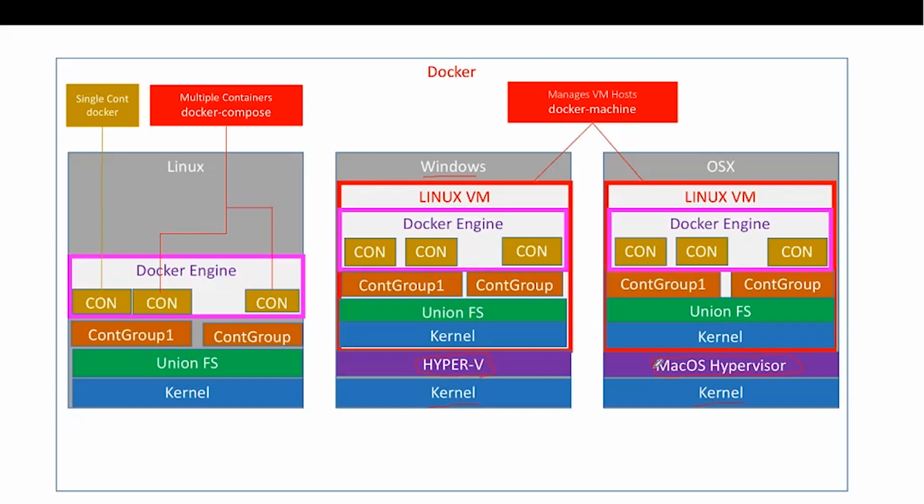So when I say Docker run here, it just spins up a container on Linux. When I say Docker run on Windows, it spins up a VM. And in each VM, there's a container that's running.